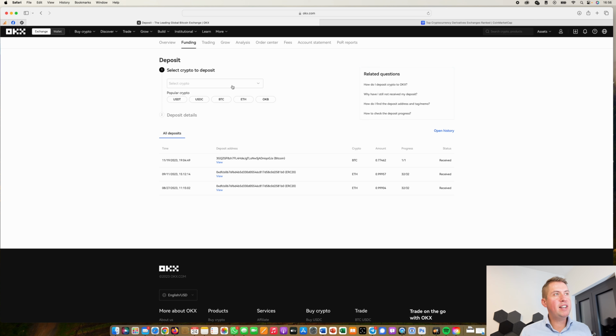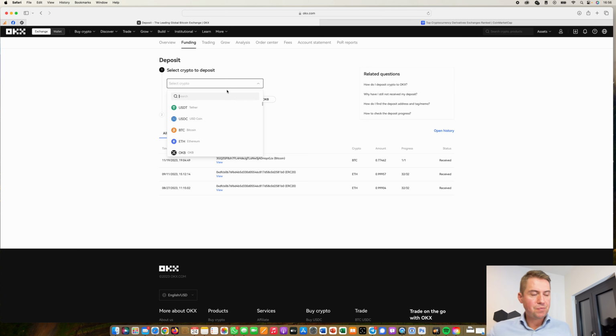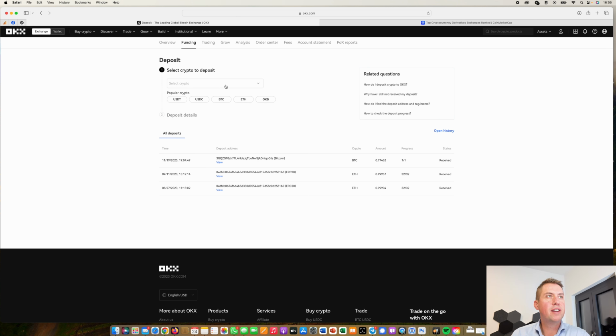If I want to withdraw money, I just send USDT back to Coinbase, exchange it for euros, and then I can easily send it to my bank account from Coinbase. There are other exchanges that do that as well, but OKX is really not the best way to handle your euros or British pounds, because it's quite expensive.